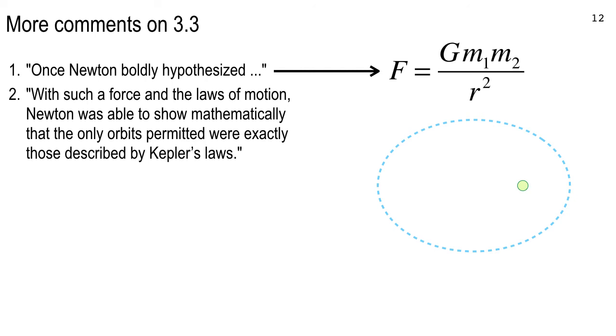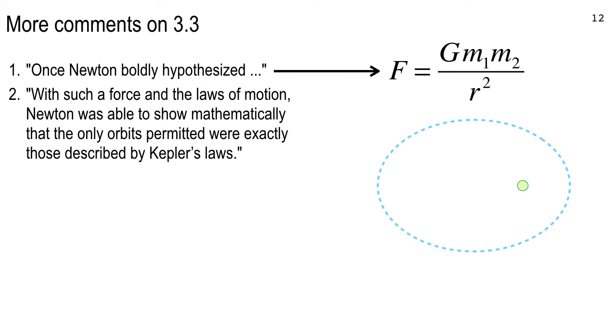With such a force and the laws of motion, his three laws of motion for any object, like the law of action and reaction, for instance, that's his third law, Newton was able to show mathematically, using trig and calculus out the wazoo, that the only orbits permitted were exactly those described by Kepler's laws.